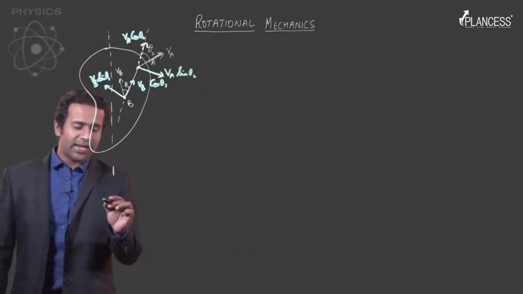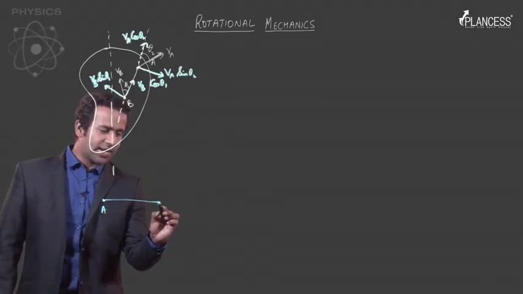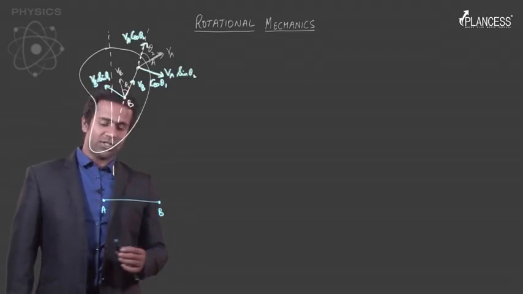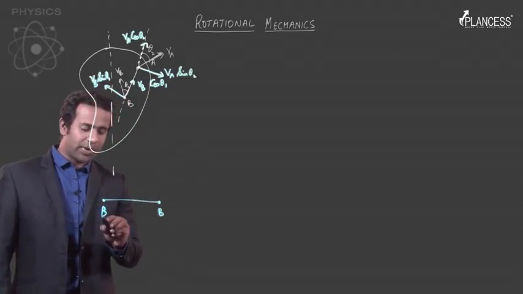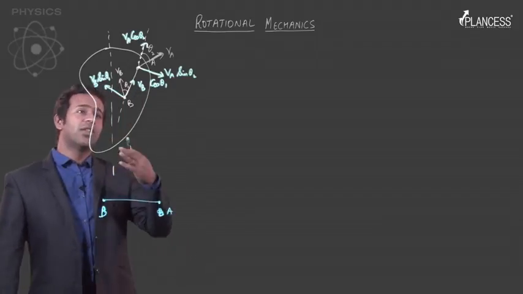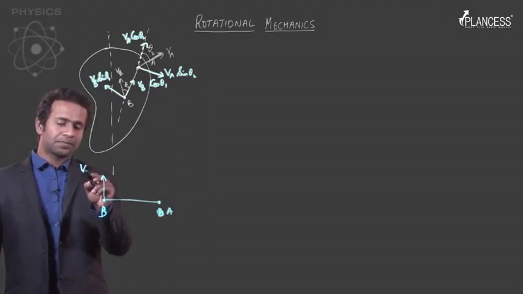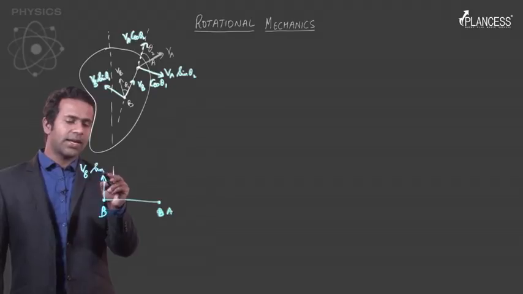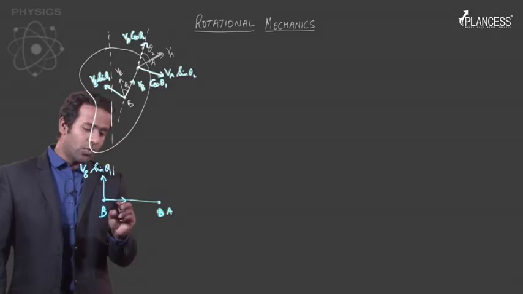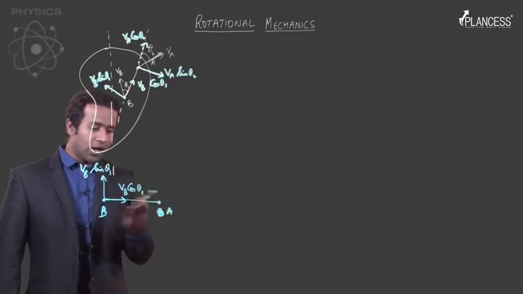So let me draw this line again. Say this is point A, this is the straight line, and this is point B. Then we saw that their components are such. So actually let's keep point B here and A at this end, consistent with our original notation. So B has velocity VB sine theta 1 in this direction, and VB cos theta 1 along this line.